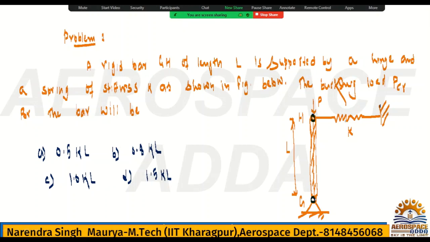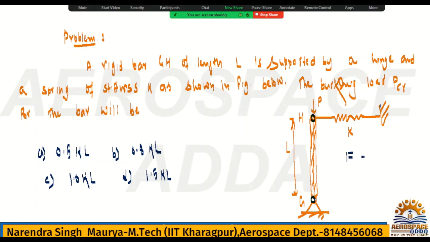I mean, if you want to calculate the PCR value for this bar, then how to get that result? That is the question. See, if any question like this they will ask you, what you will do, it's simple. First of all, you should know the formulation of the spring. What is the restoring force?